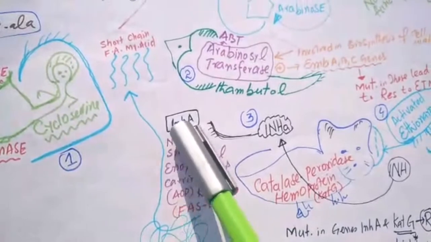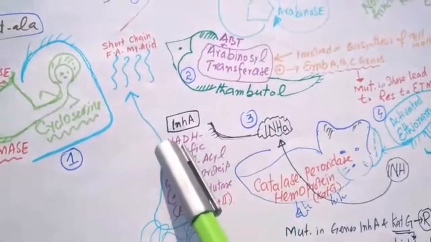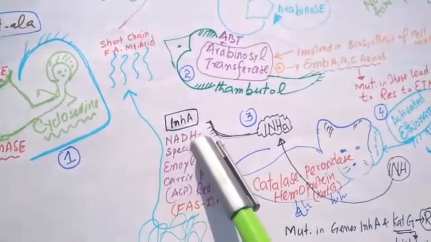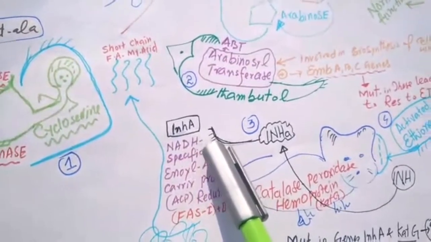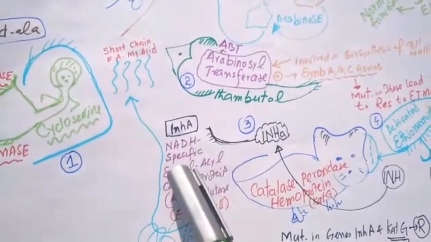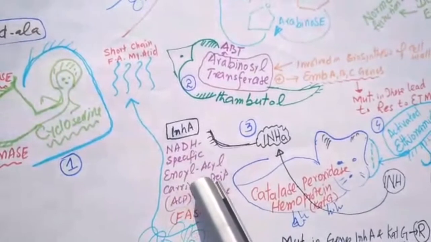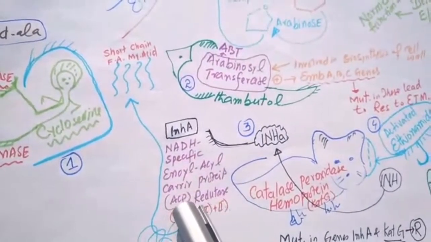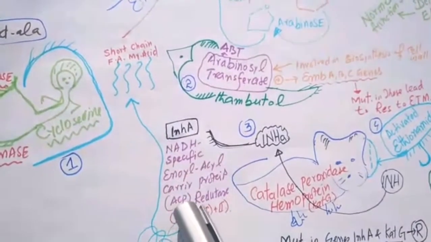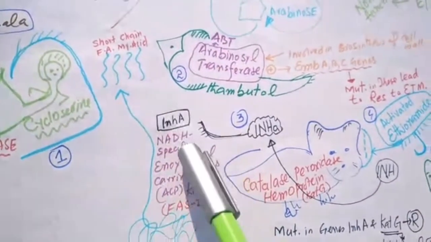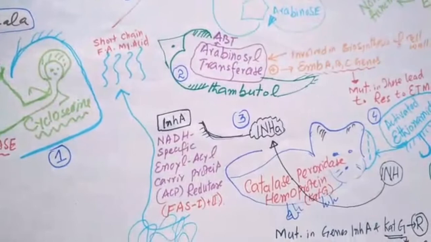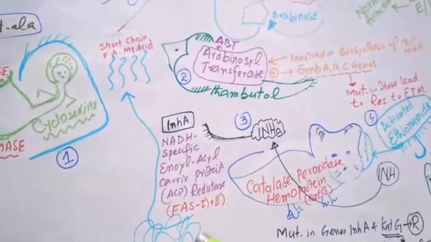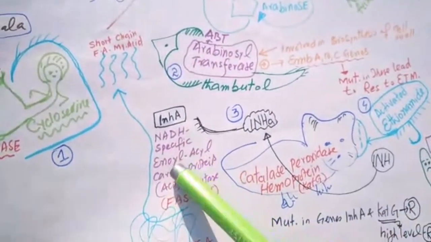Now the activated INH stops INHA, the NADH-specific enoyl acyl carrier protein reductase, also known as enoyl ACP reductase. They are also known as fatty acid synthase and are involved in fatty acid synthesis.